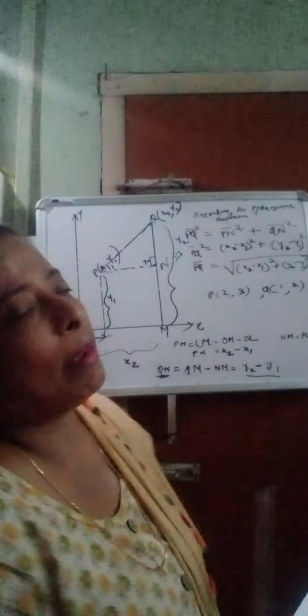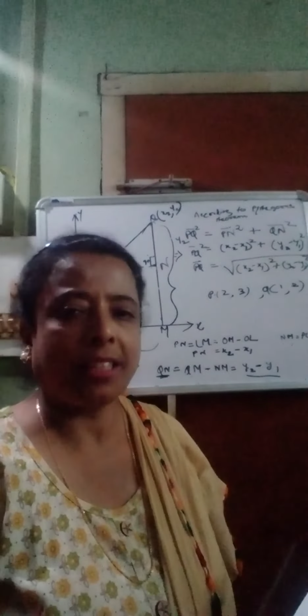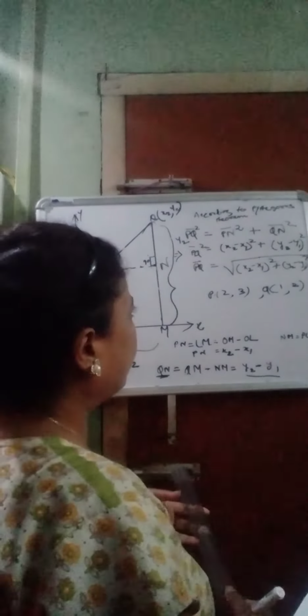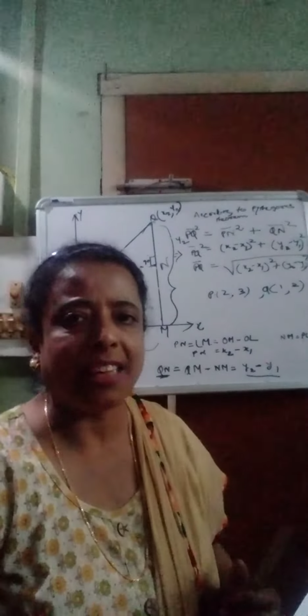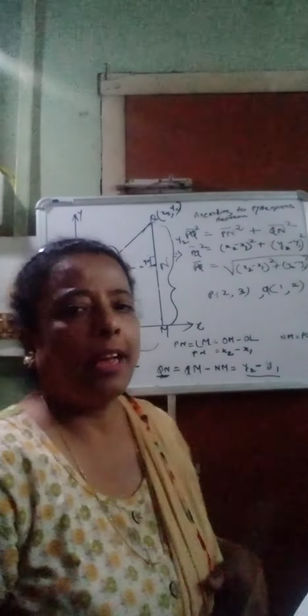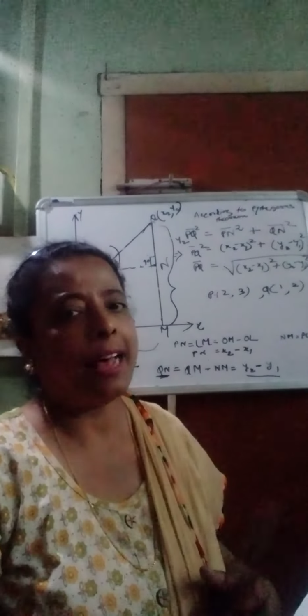It is very simple. And sometimes in the exam the whole derivation may also be asked. That means what I have evaluated, the value of the distance between 2 points, may also be asked.